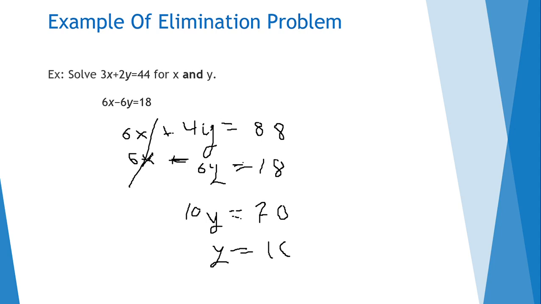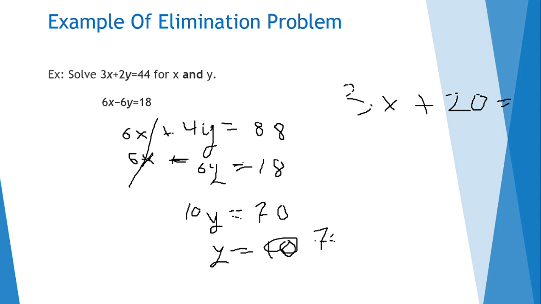And now we do the same thing that we did in substitution. We're just going to plug this into one of our equations. I'm going to plug it into that top equation because that seems a little bit easier. So 3x plus 20 equals, oh, sorry, why did I say y equals 10? Sorry, this is supposed to be 7.